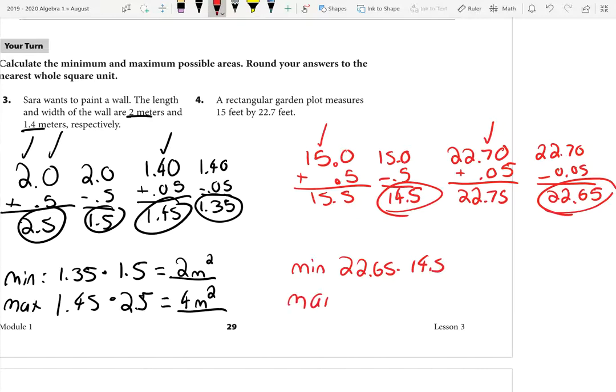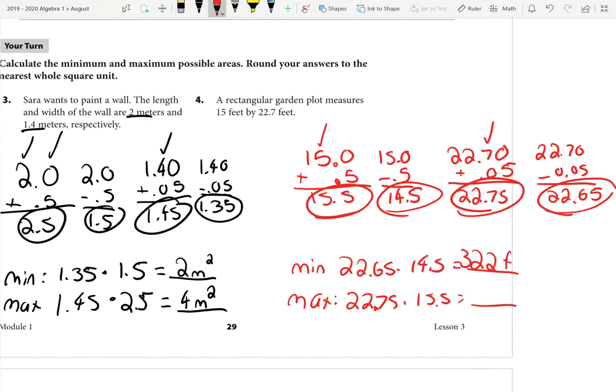And our maximum area will be for the maximum length and width, so that's 22.75 times 15.5. The result here is, let me check, 328 square feet and 353 square feet. So it's anywhere between 322 and 353.